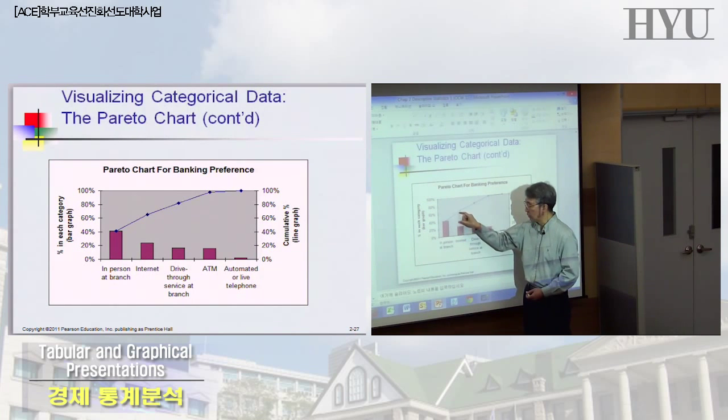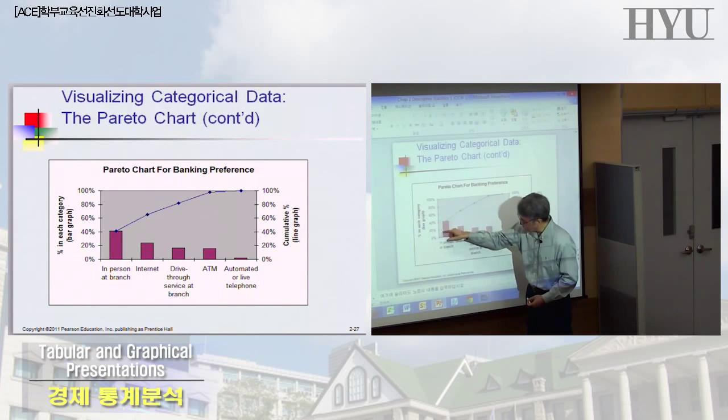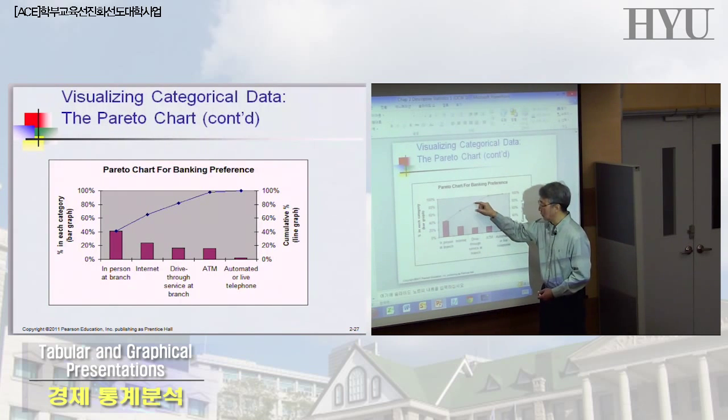then it's going to be about 61% or 62%. And then on top of that, you add the next category, which is about 17 or 18%, so that's going to be the total cumulative, and so on.